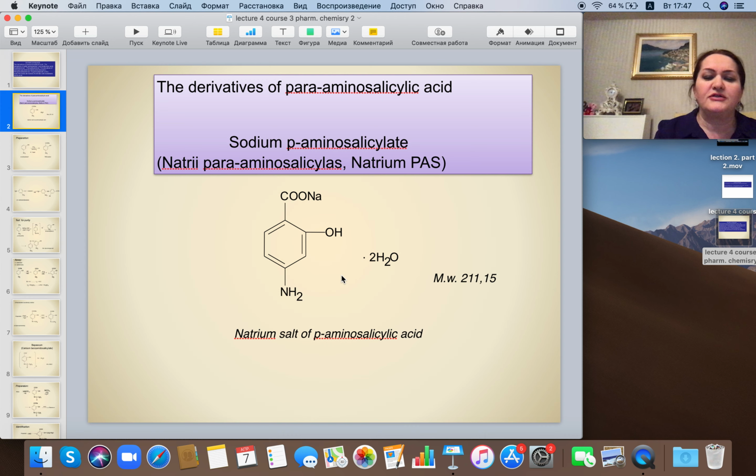This preparation has an amino group in the para position, has a phenol hydroxyl in the structure, and has sodium atoms in this structure. Therefore, the chemical name of this preparation is the sodium salt of para-aminosalicylic acid.